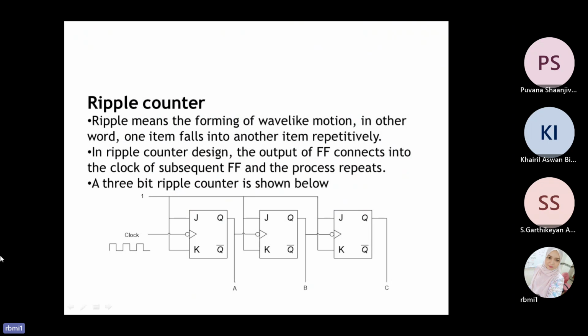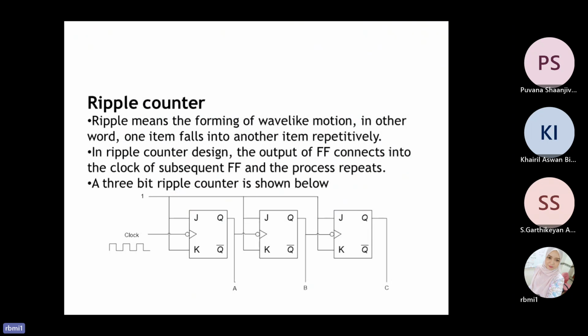Okay, the advantage of the ripple counter is that it is simple and inexpensive, because we need fewer components compared with the other type of digital counter, which is the synchronous counter.